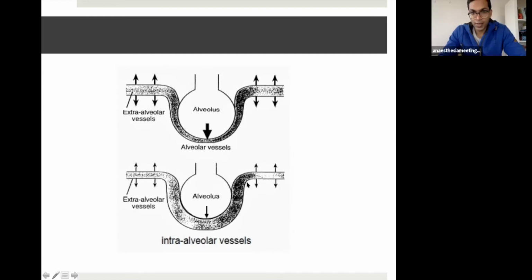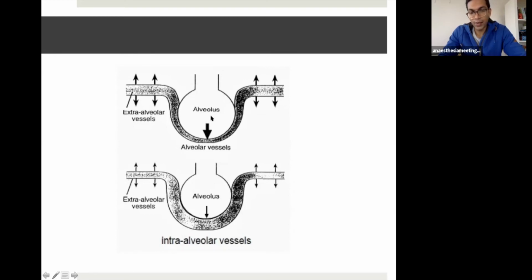And just to be specific there, Michelle, so in the top one, you're right. Increased lung volumes can compress alveolar vessels. In the bottom diagram, lower lung volumes, the lung volume doesn't compress the intra-alveolar vessels.